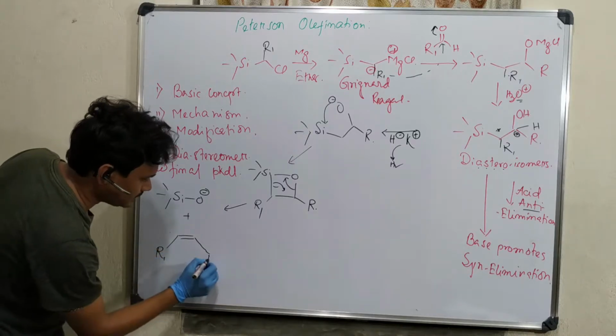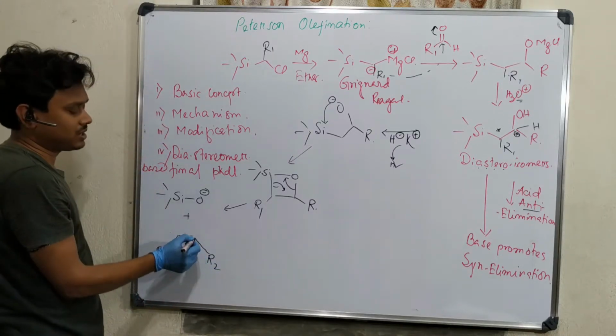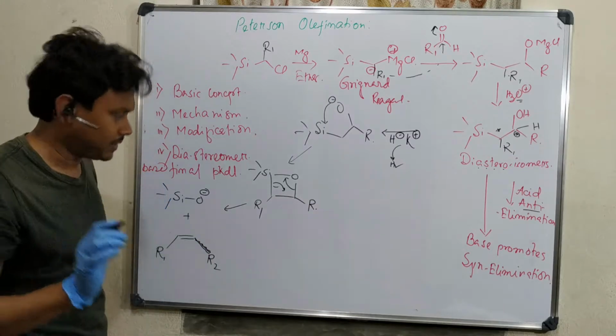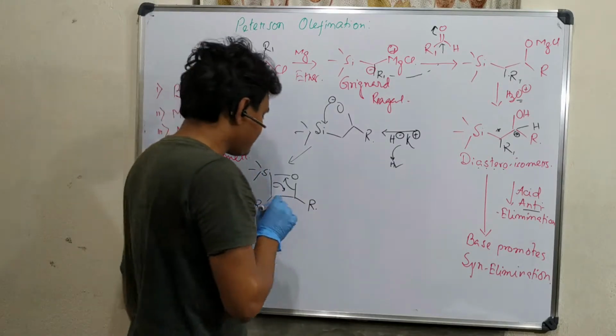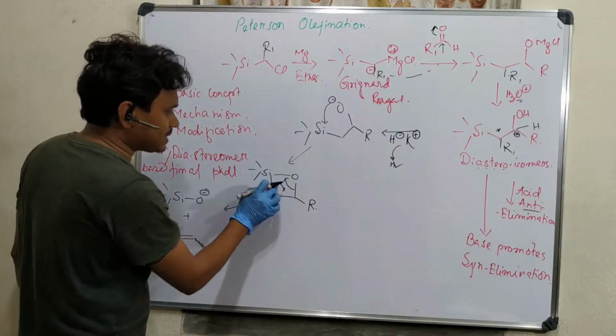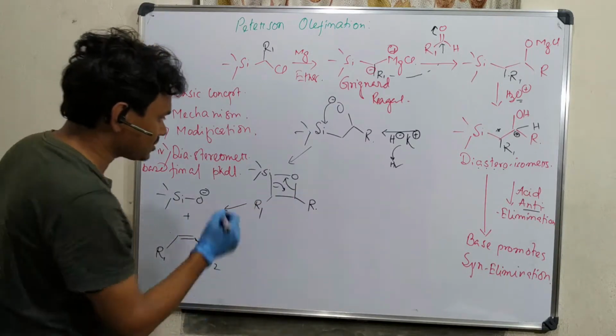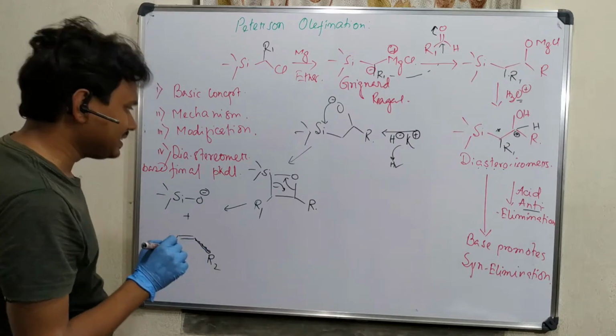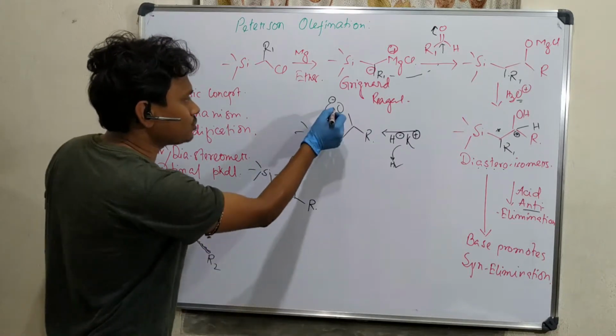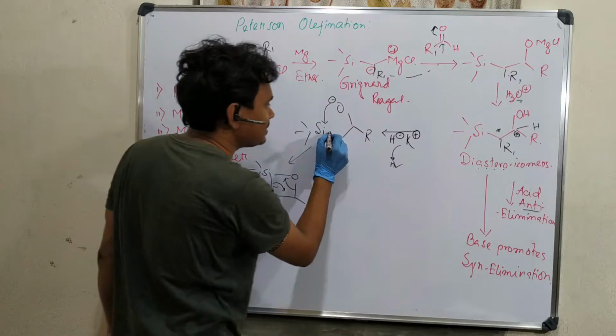So this is R1, this is R2. I am not saying it's this or that, its geometry is not sure; I'll explain later on. Since there is no proof that it happens through a 4-member transition state, you can think of it this way: this oxygen attacks here and this leaves.